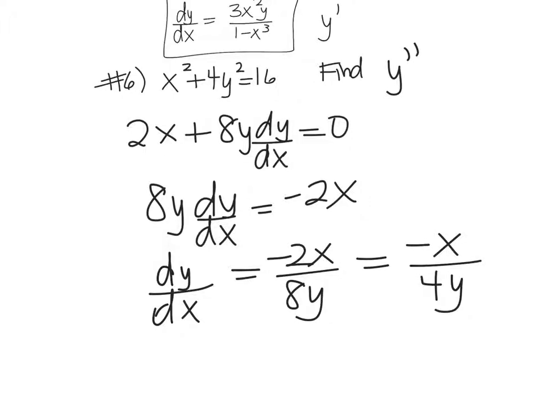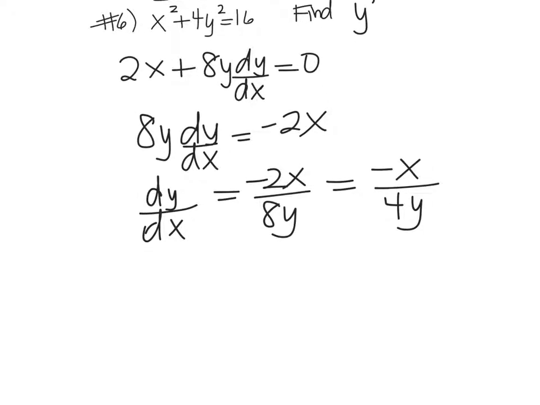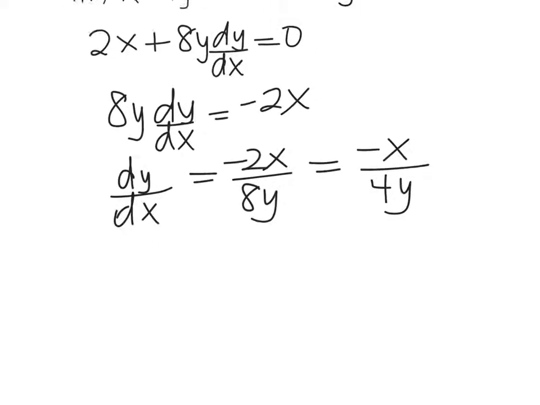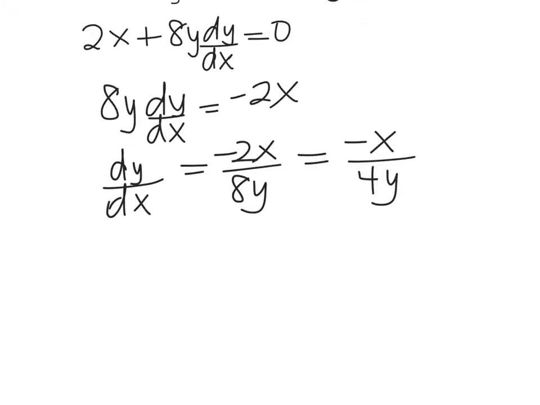Okay, so that is the first derivative. If you want to, we can write that as y prime or dy dx. Let's just leave it. You okay with leaving it as dy dx? No? Okay, we'll do y prime. y prime is equal to negative x over 4y.